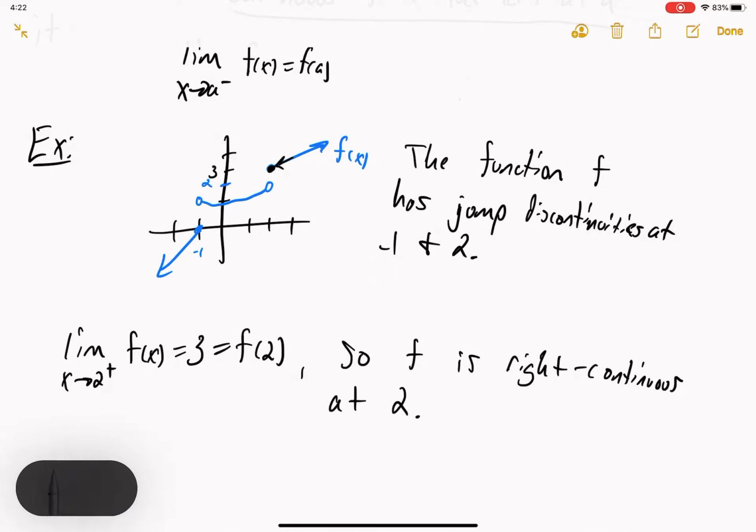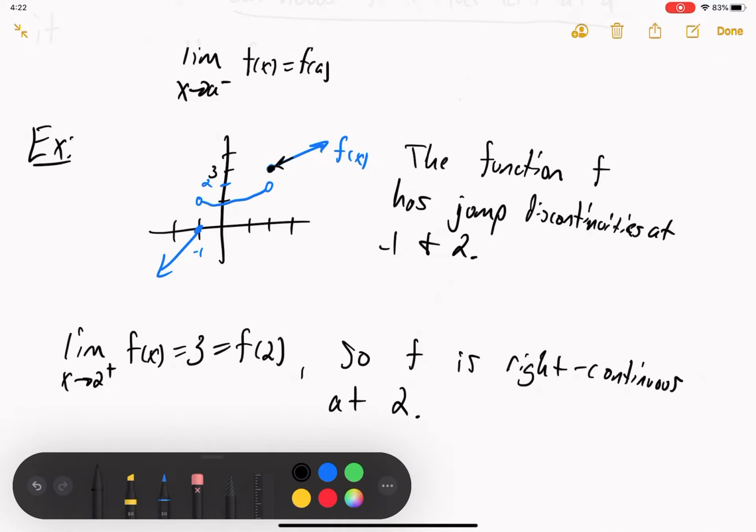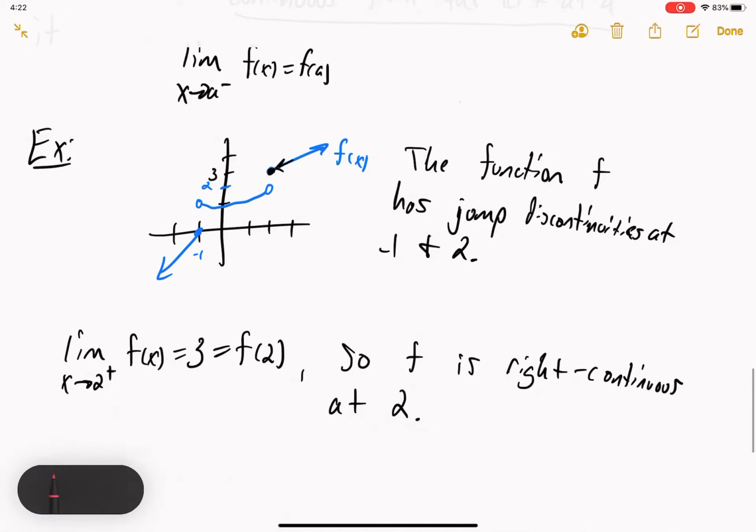Likewise, we can do the same thing for x equals -1. As we approach -1 from the left, the function approaches 0, and it's defined there, so that's okay.